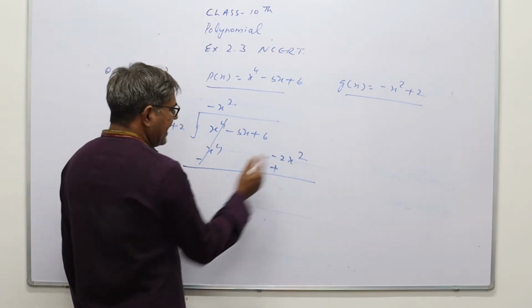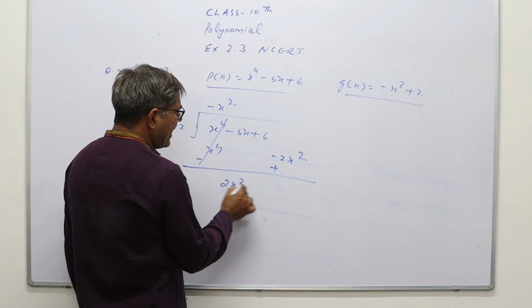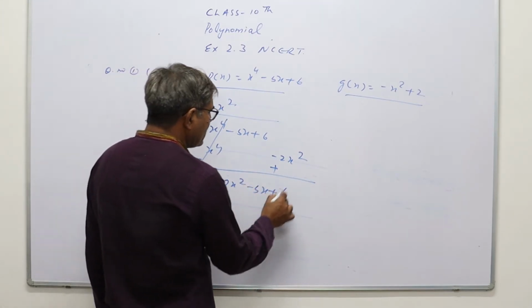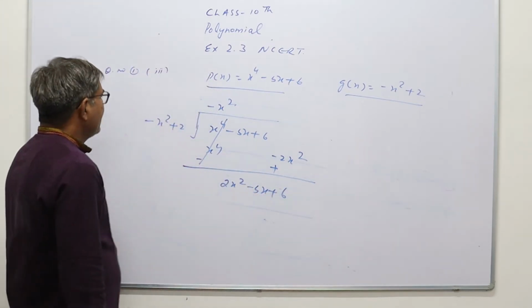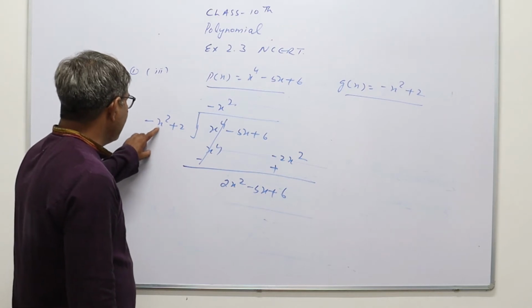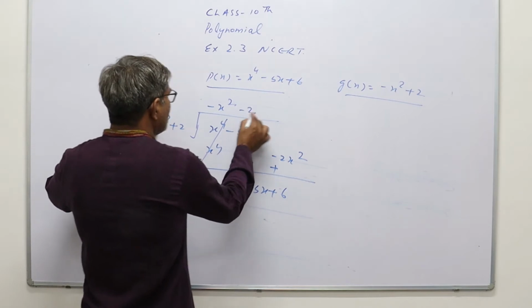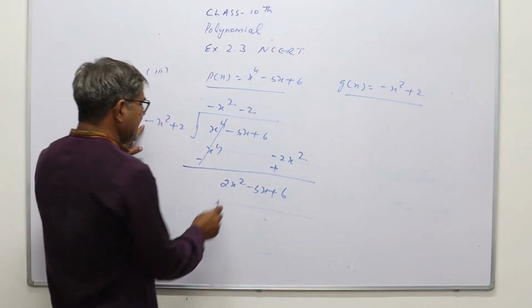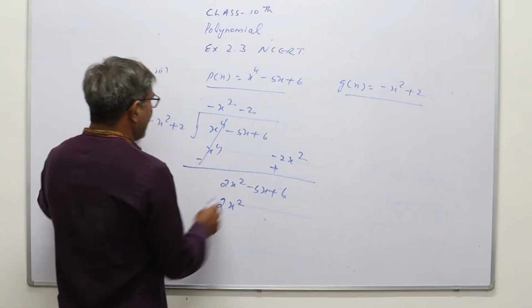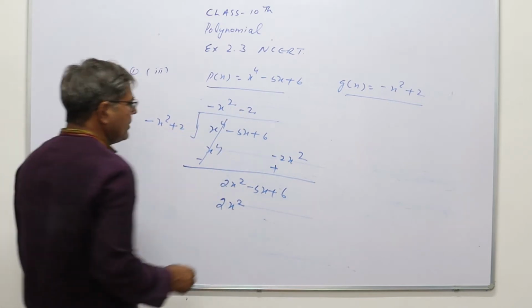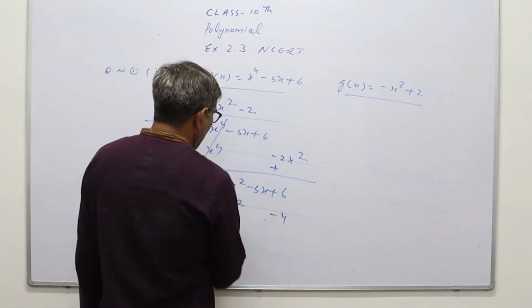Now write the highest degree term first. So 2x square minus 5x plus 6. Again see, the given divisor is minus x square. So if we multiply by minus 2, then minus 2 into x square gives minus 2x square, and minus 2 into plus 2 is minus 4.